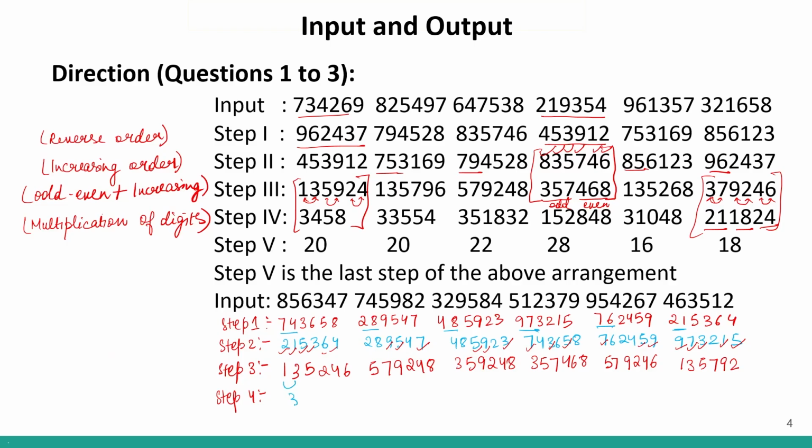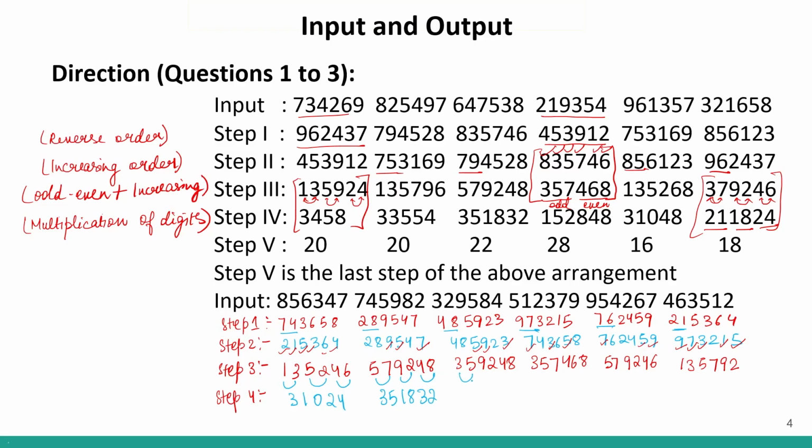So 1 into 3 will give me 3, 5 into 2 will give me 10, and 4 into 6 will give me 24. Correct? Similarly, 5 into 7 will give me 35, 9 into 2 will give me 18, and 4 8s is how much? 32.